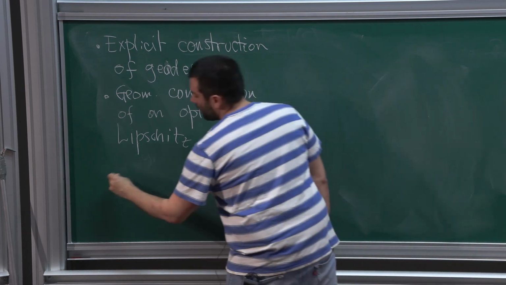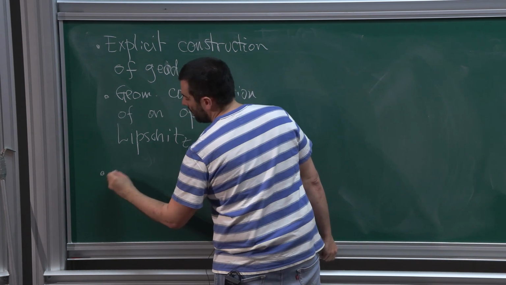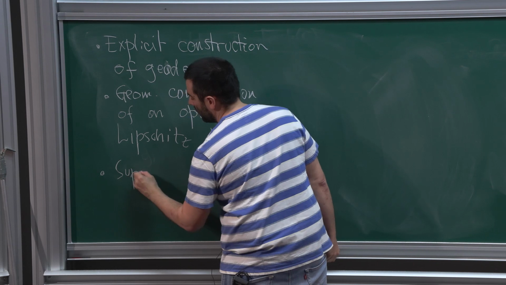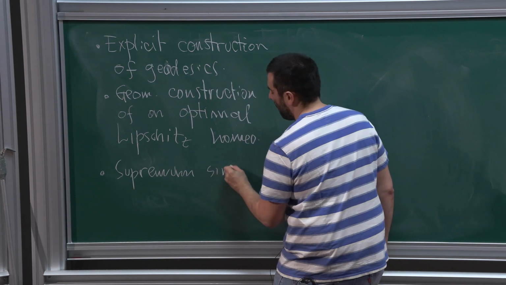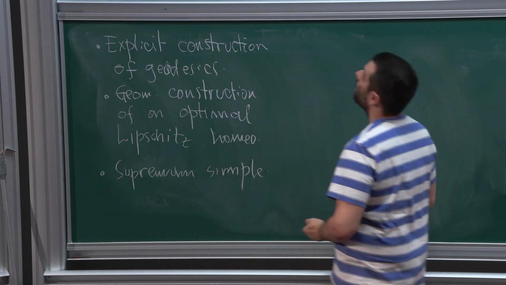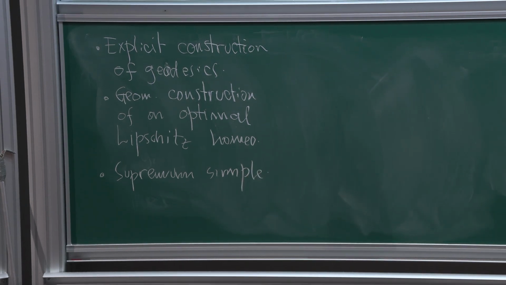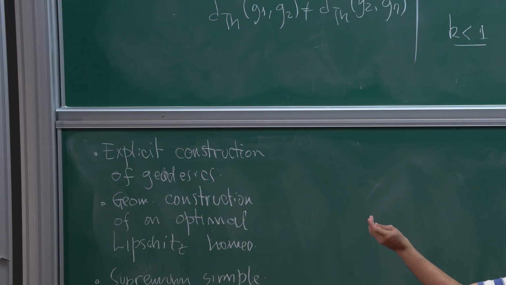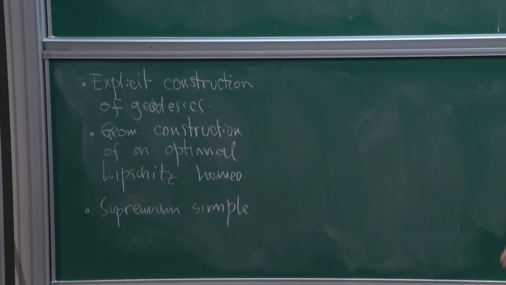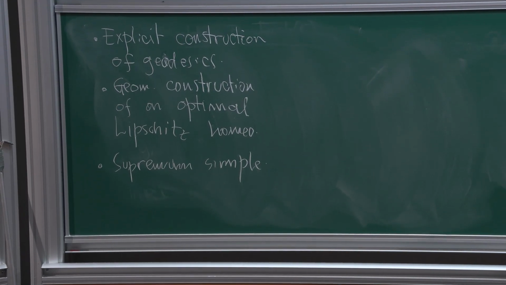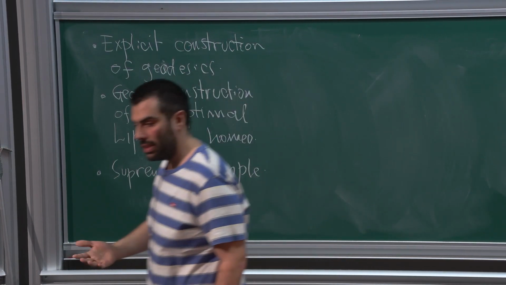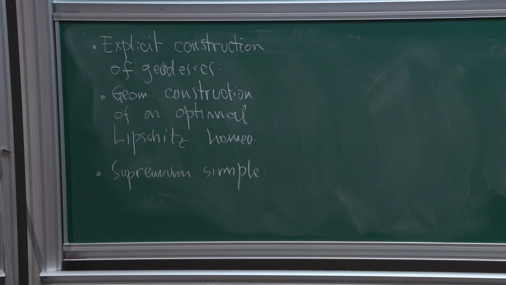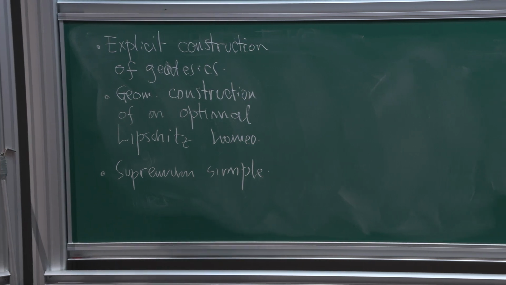He also proves, let me just state it like this, that the supremum can be taken over simple curves. Meaning that, to compute this asymmetric distance, you need to consider all isotopic classes of curves, but he shows that this is the same if you only consider simple closed curves, okay?